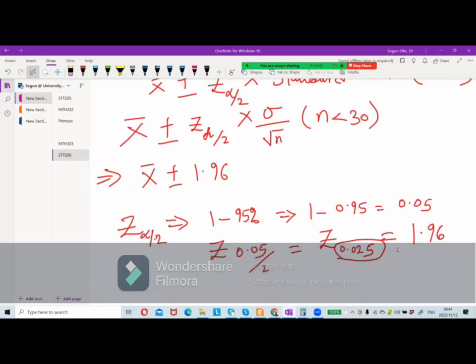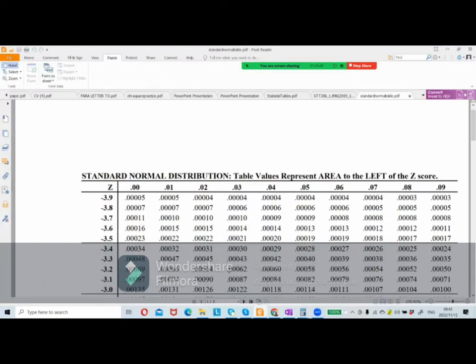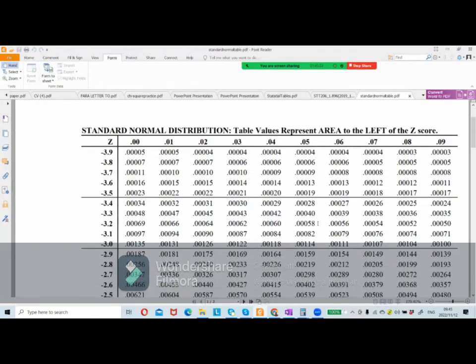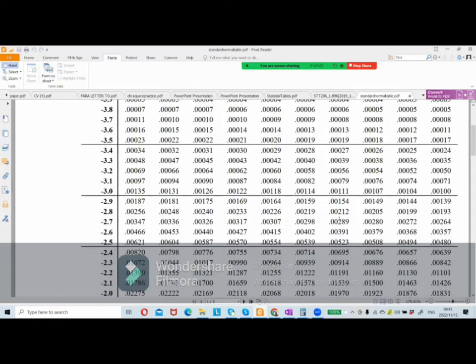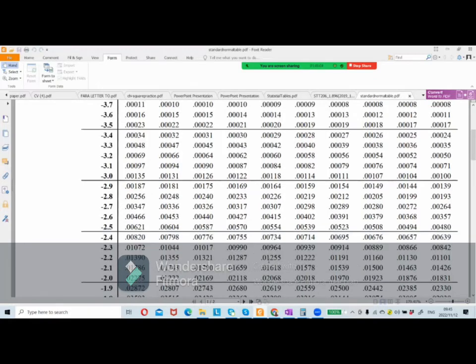I'm giving you because of where you are going. So let's check 0.05 inside our table. Where do we get it here? Among all these values, 0.025. That is what we are looking for.